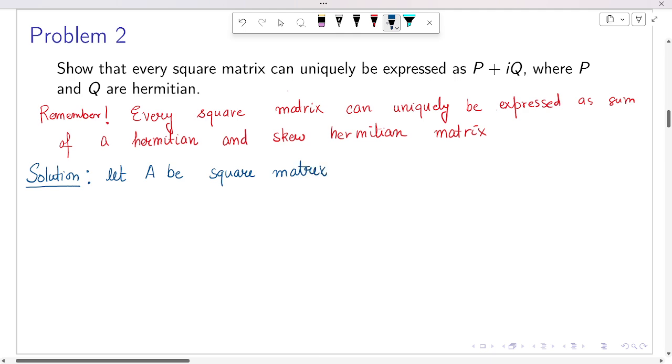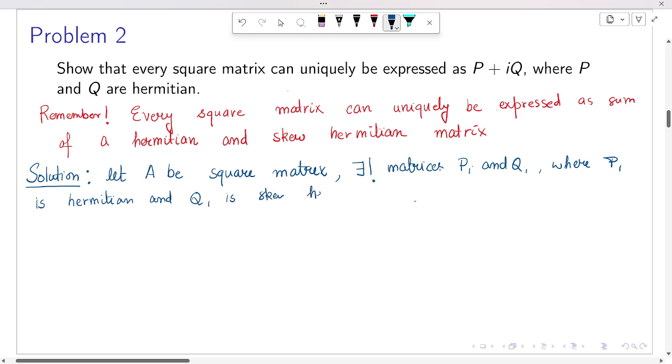By the above statement, we know there exist unique matrices, say P1 and Q1, where P1 is Hermitian and Q1 is skew Hermitian, and A is equal to P1 plus Q1.